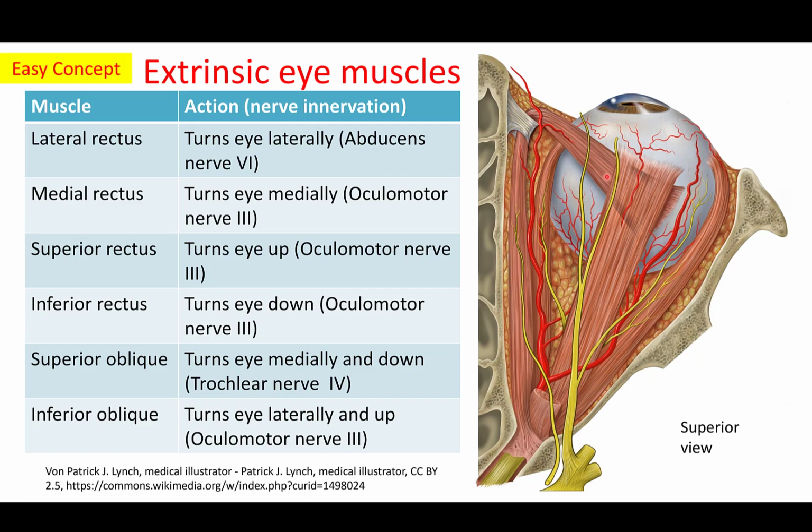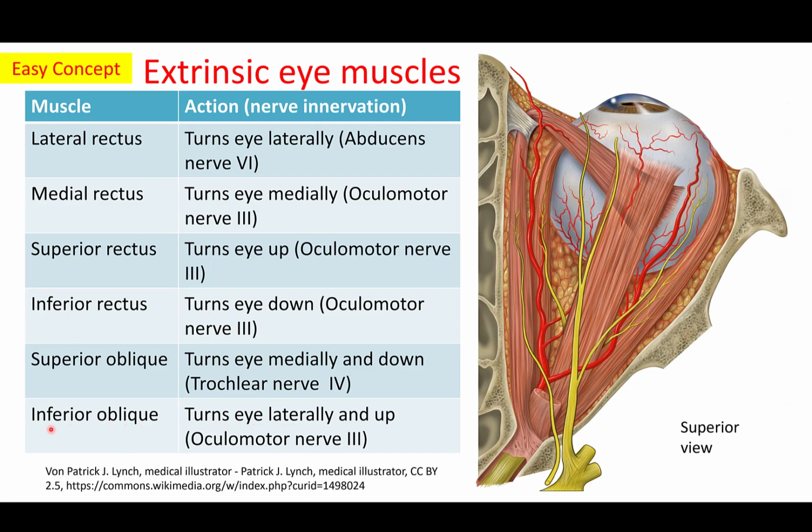So the superior oblique will depress the eyeball. It will move the eyeball down, and it will turn it medially. So when we want to look down and medially, that is the action of the superior oblique muscle. However, the inferior oblique will turn the eyeball up and laterally. So it will take it outside and up.